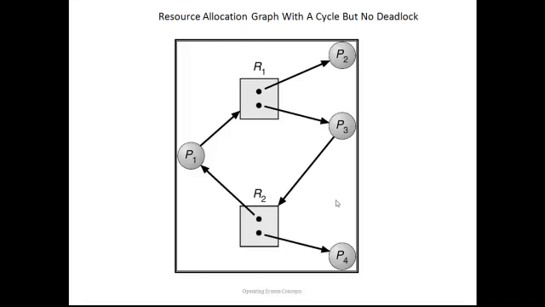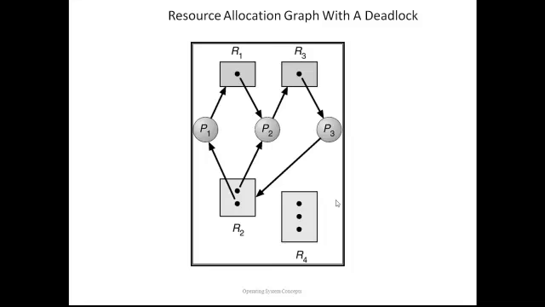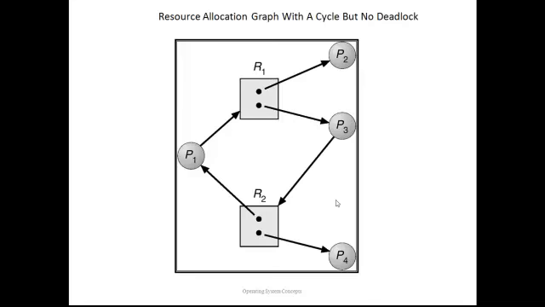This is a resource allocation graph with a cycle, but no deadlock is present, because all resources have been allocated to the processes as per their requirement.